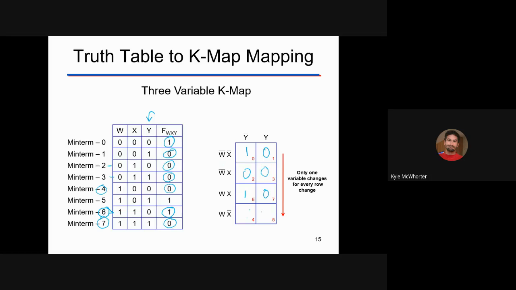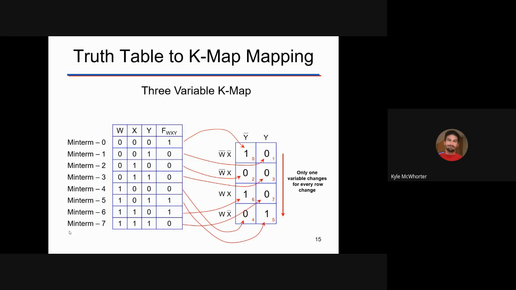Output is a 0. And then the last one here is a 1, 0, 1. And the output is a 1. So that is how they go into the boxes there. Let me erase this real quick so you can see that. So that one goes there, that one goes there. That's the pattern it follows, right?